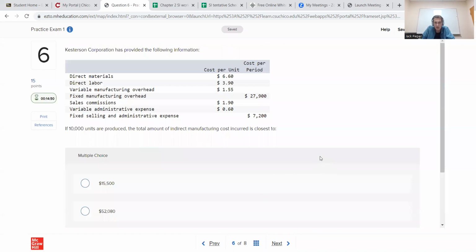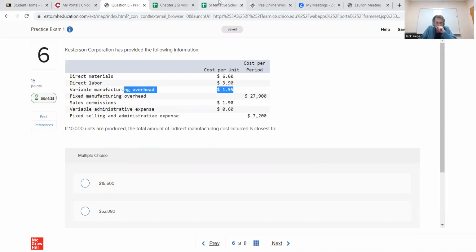All right, home free. Just got a few multiple choice questions left. If 10,000 units are produced, the total amount of indirect manufacturing cost is closest to. All right, so we know that our manufacturing overhead is not going to change depending on the amount of units we produce. But what about our variable manufacturing overhead?